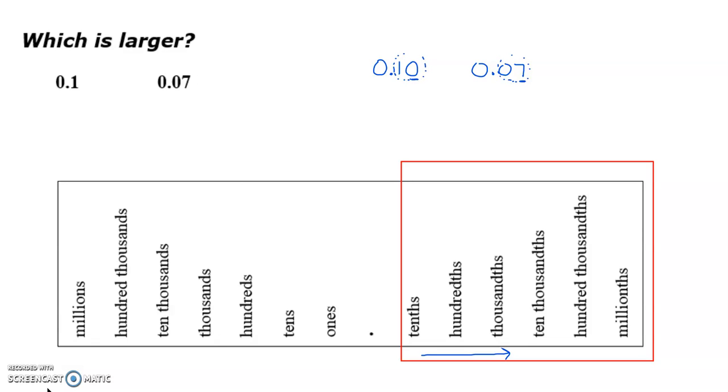So we can indeed see that 1/10 is greater than 7/100. And so our symbol is going to be facing towards the 0.1. And again, it's because the hundredths place is far smaller than the tenths place. So a good rule of thumb is make your decimals match. Fill in with zeros, and then look at the numbers as though they are whole numbers, and then you'll be able to successfully compare them on the decimal side.